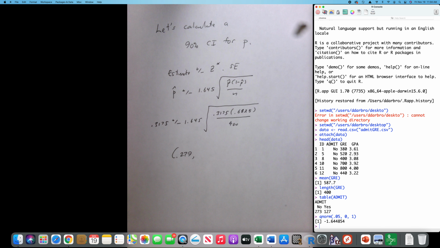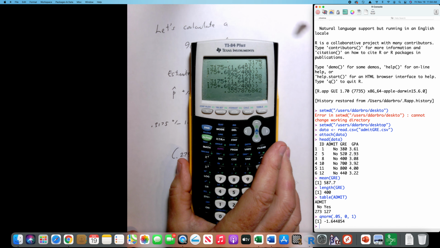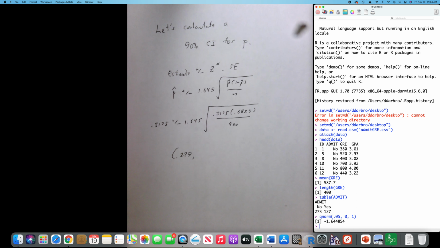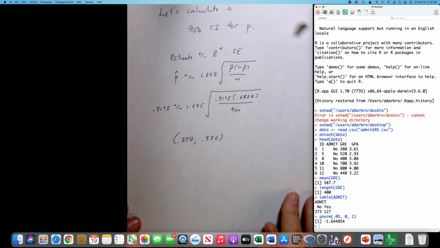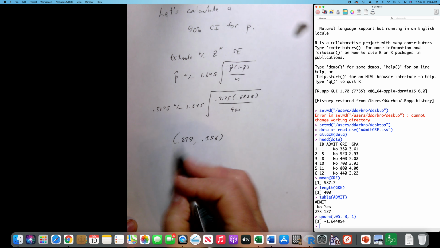And just make the change from negative to plus, 0.356. So people typically think better in percentages than they do proportions.